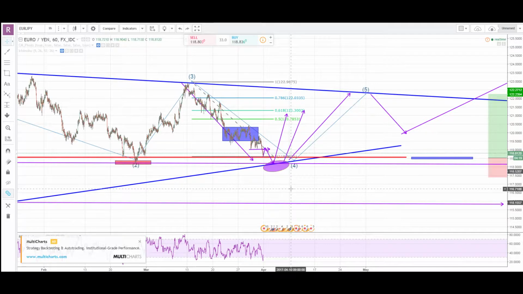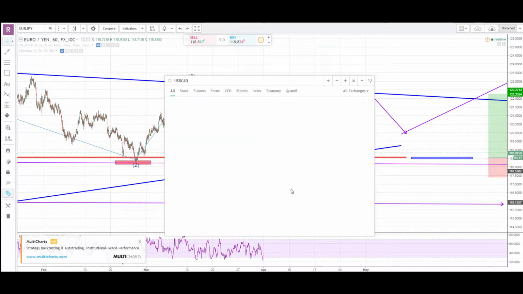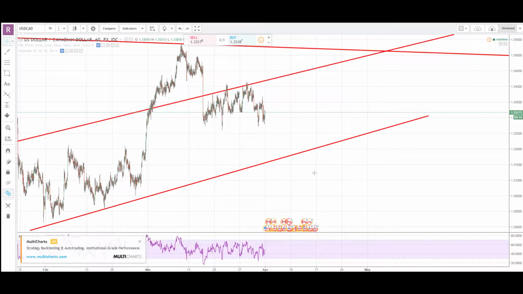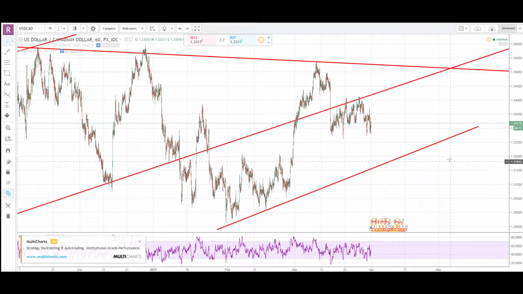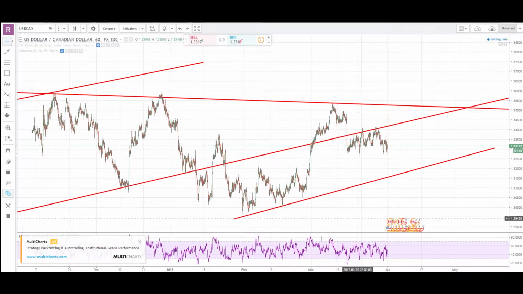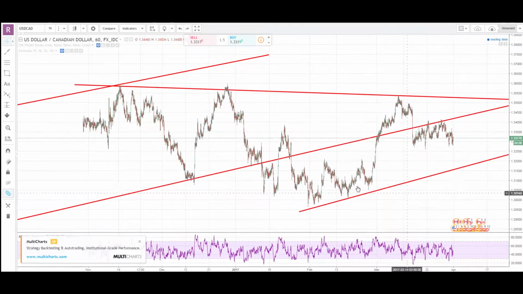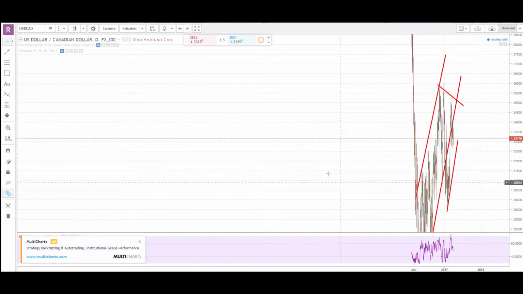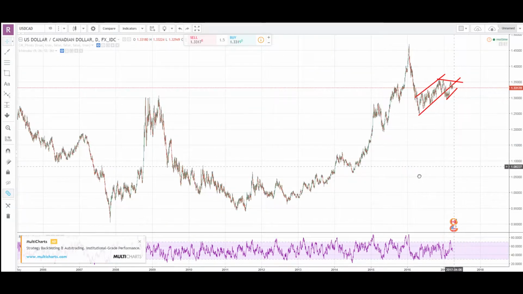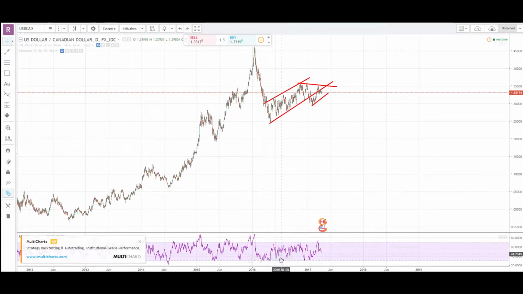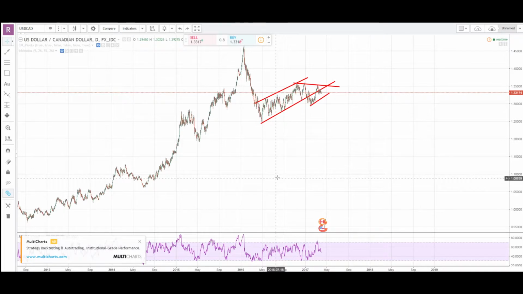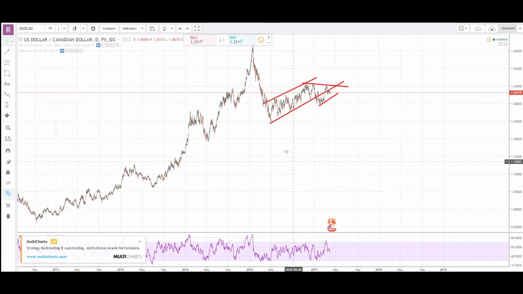Next one, it's USD pair, USD CAD first. USD CAD. What happened to USD? So let's start from the daily outlook. What we can see on USD is this.